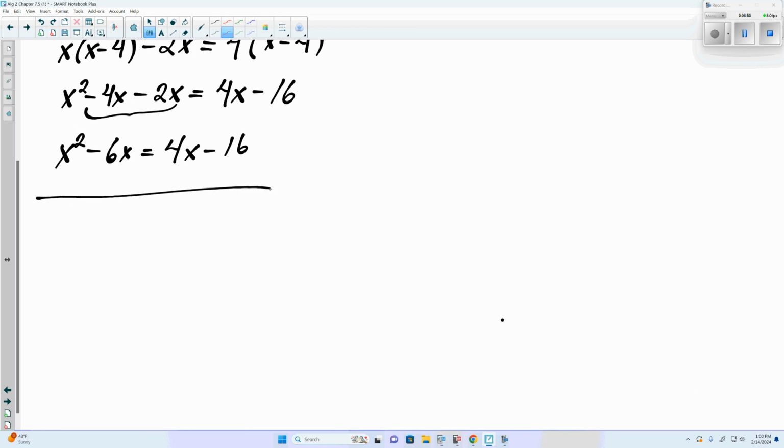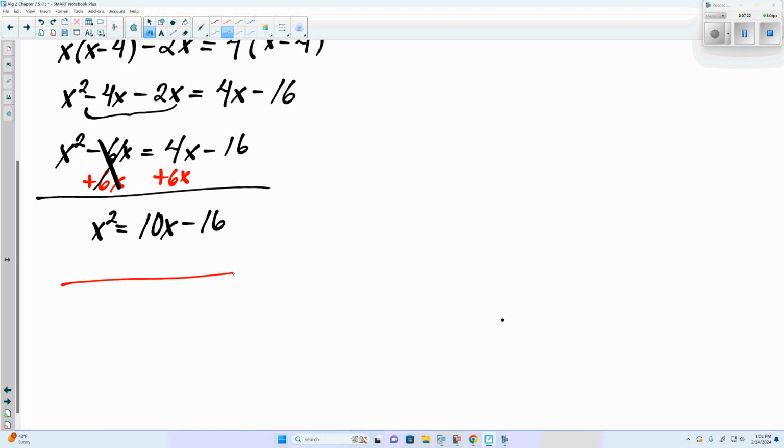So what's the first thing we can do? We can add 6x to both sides. Because our negative 6x plus 6x would be 0, leaving us with x squared is equal to 10x minus 16. What can we do next? Because we're trying to get it equal to 0.